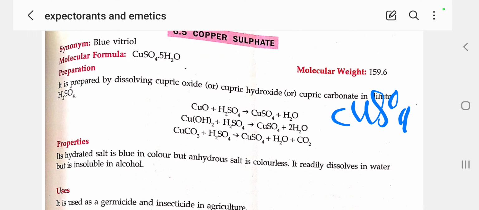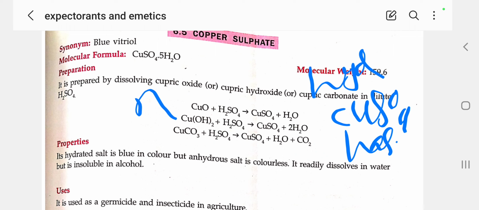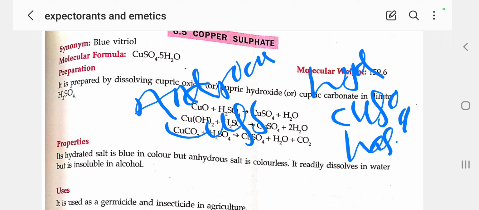Copper sulfate is blue in color in hydrous nature, but the anhydrous copper sulfate becomes colorless.